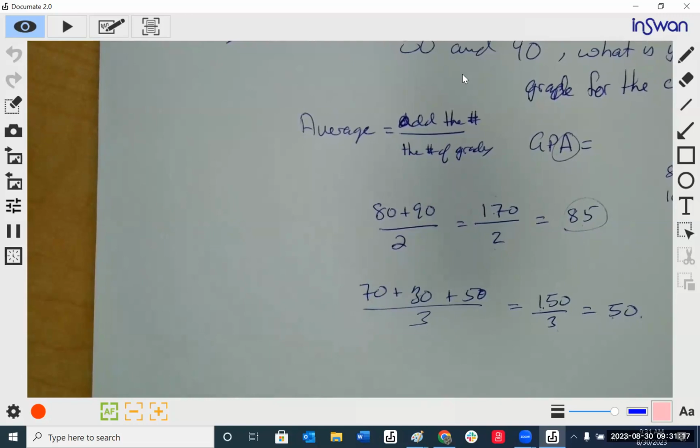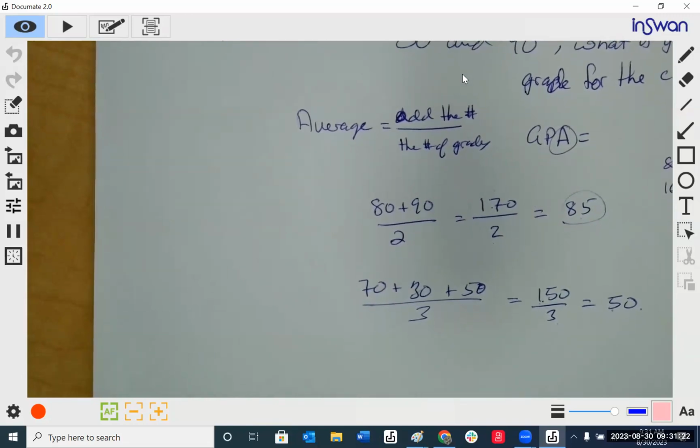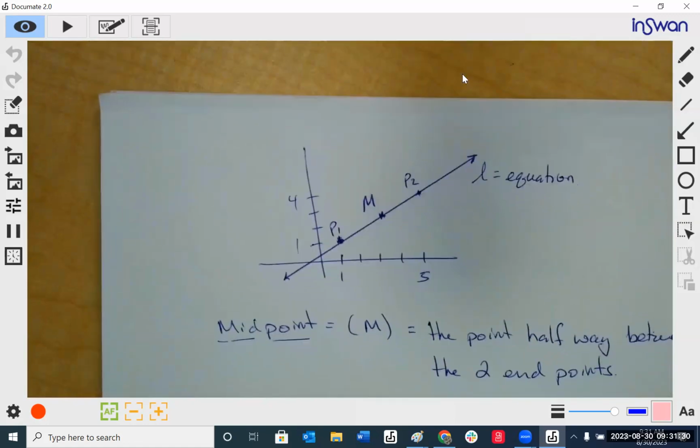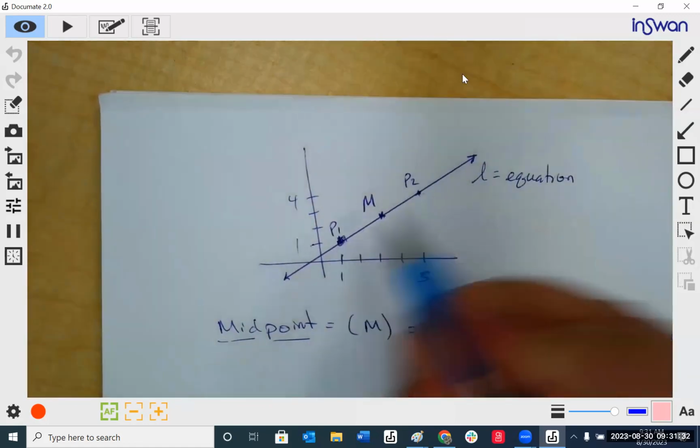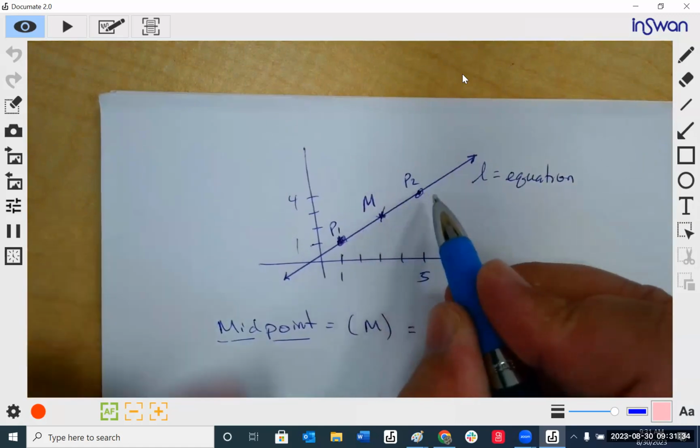So that's what it is. It's an average. Since in our graph, how many points do we have? We have 2 points. We only have 2 points.